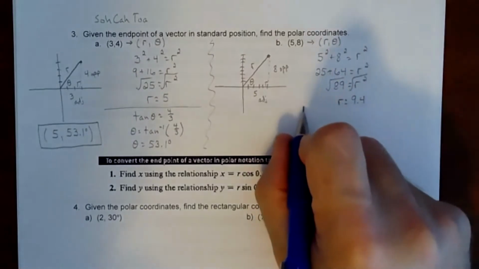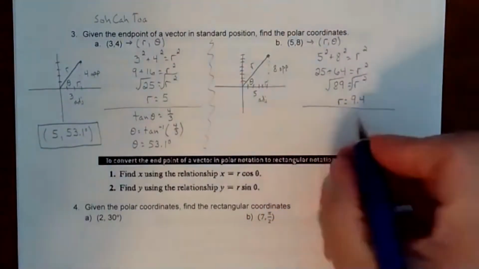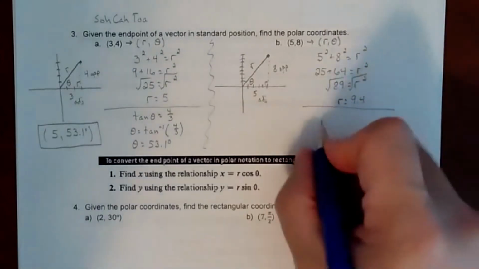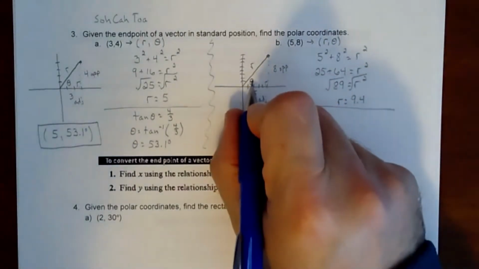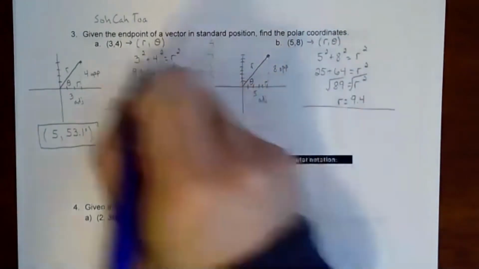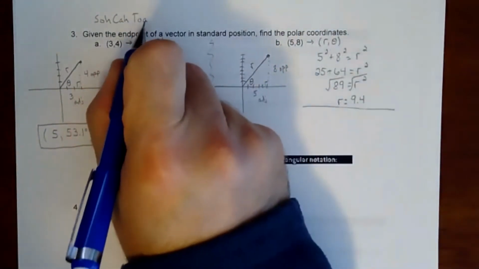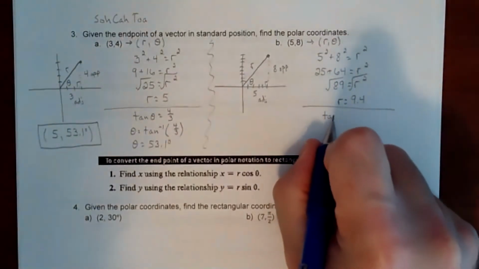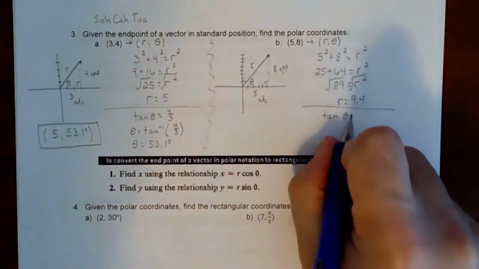And then again, I'm going to try to avoid using this just in case. So if we're going to be finding this angle, we still have the opposite and adjacent, excuse me. Opposite adjacent, so that means we're going to have to use tangent again. And you're going to see that that's always what you use.